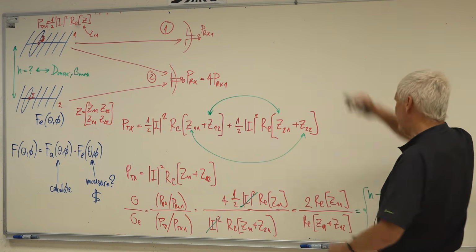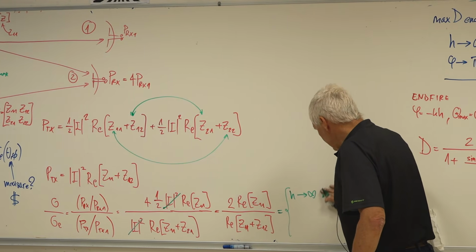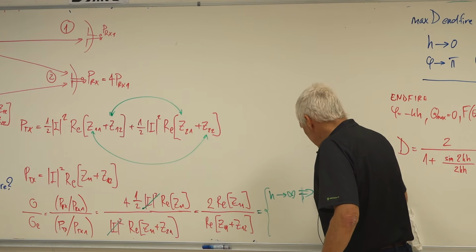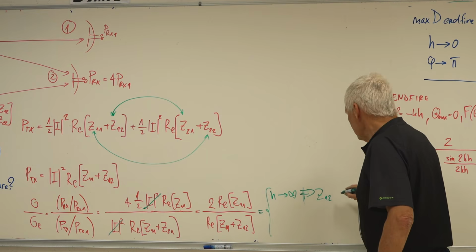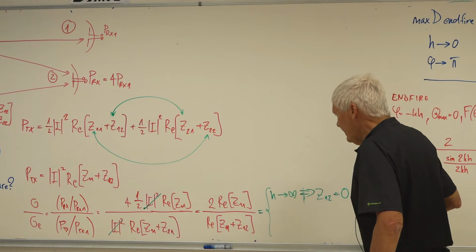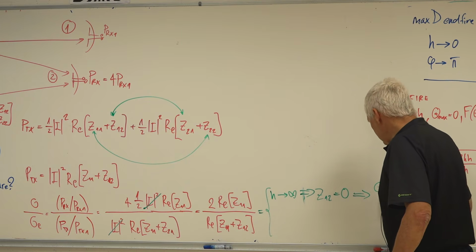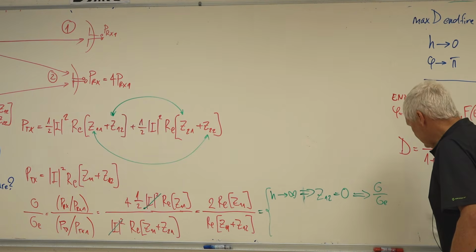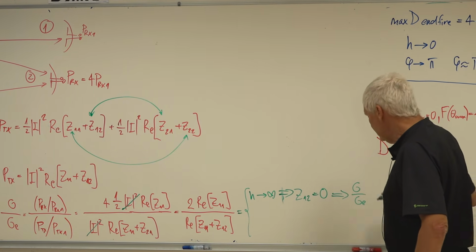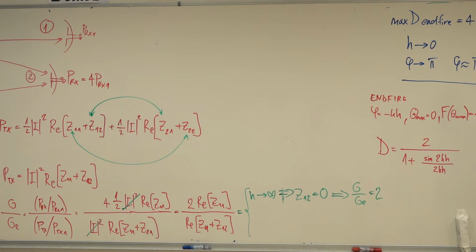If I infinitely space my antennas, there is no mutual influence between the two antennas, so Z12 goes to 0, and this ratio, the increment of gain of the whole array compared to the gain of a single element, is just equal to 2. And this is what most people expect. Most people expect to get the 3 dB, the ratio of 2.